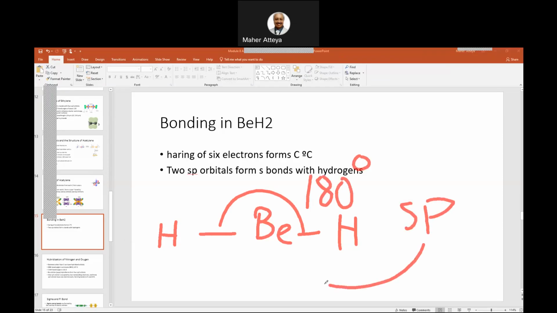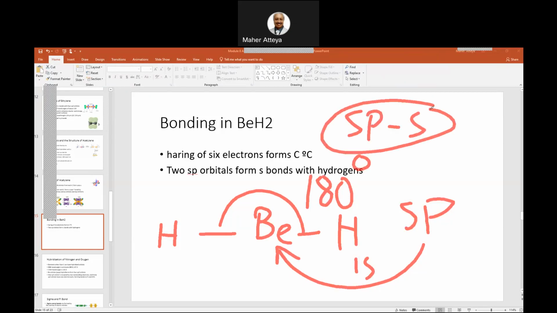So linear means the hybridization is what? sp. This will come with 1s. So the hybrid here is sp-s: s from hydrogen, and the beryllium will have sp. Can you see that? Yes.